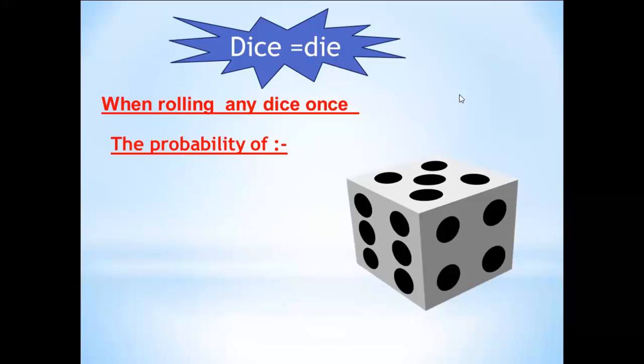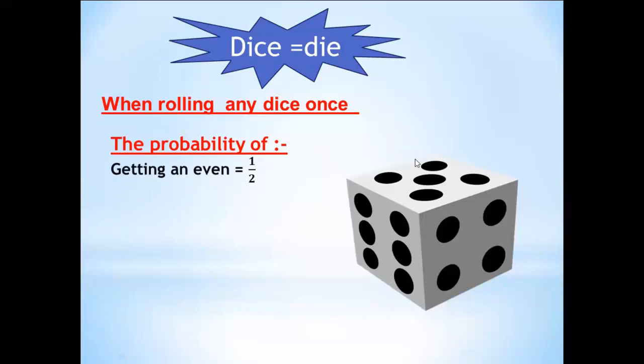So how many times will an even number appear? 3 times. The probability is the number of times it appears over the total number, so 3 over 6. When we simplify this fraction it gives 1 over 2. So the probability of an even number is half.